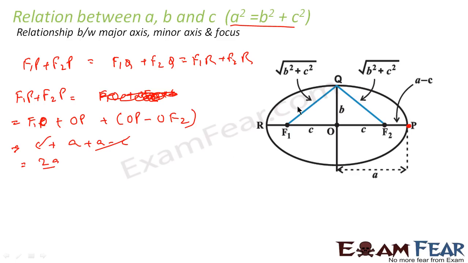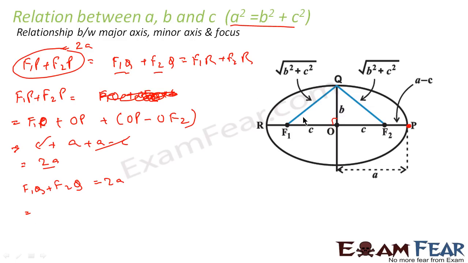Now we see that F1O is C, this is B, so this is a right triangle, and this is root B square plus C square. Similarly, this is B, this is C, this is root B square plus C square. Now we know that F1Q plus F2Q is also equal to F1P plus F2P, which we found to be 2A.